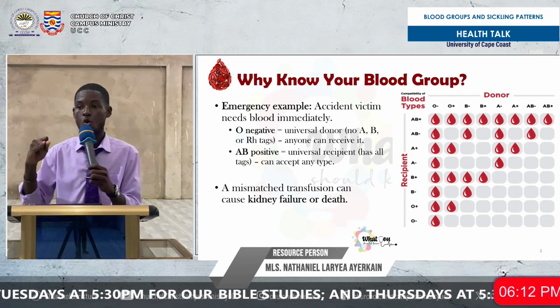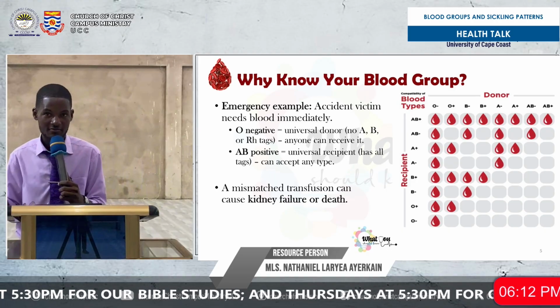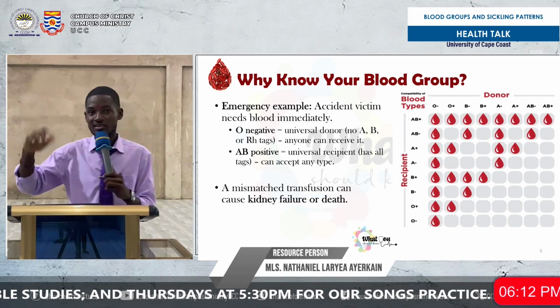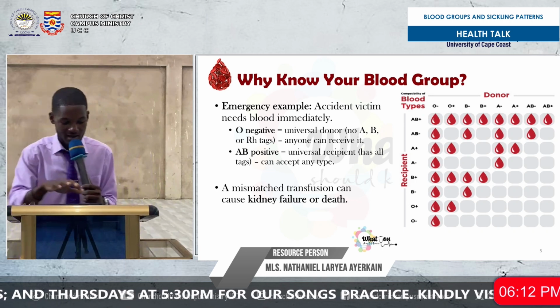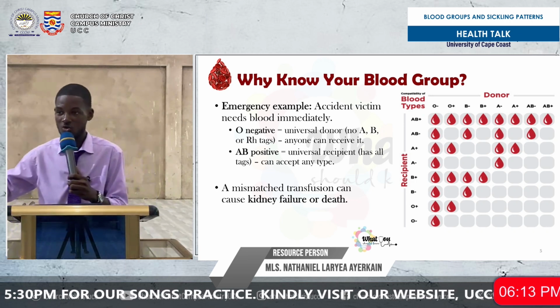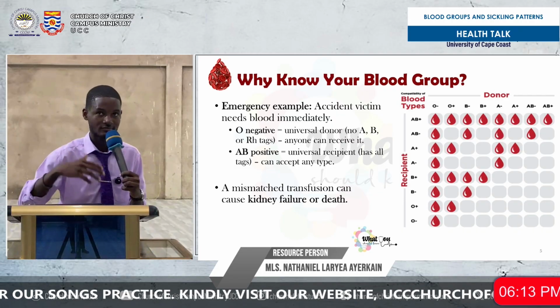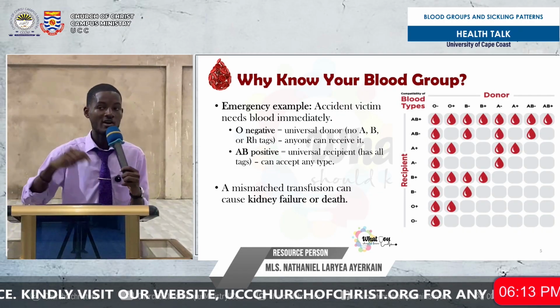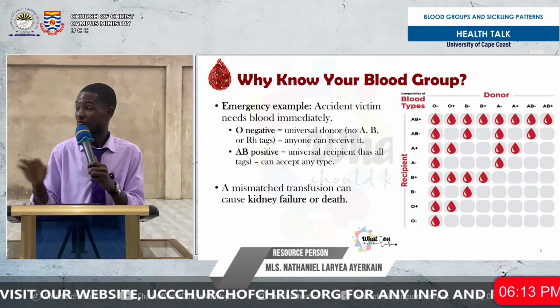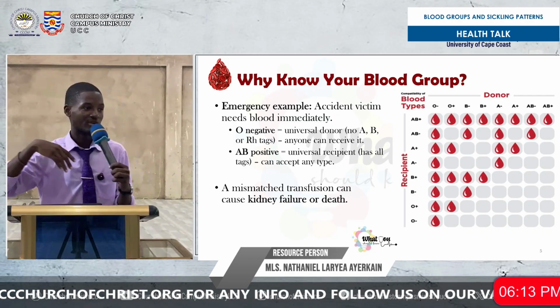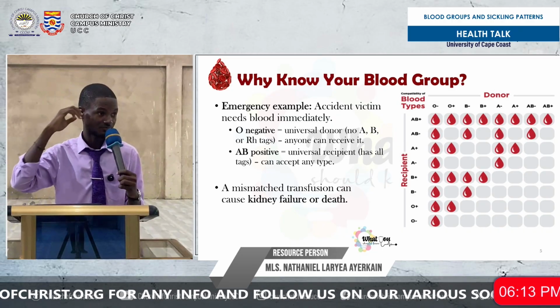A person who is O negative, that person does not have any of the tags at all. So in SHS biology, they don't say O negative. They say blood group O is a universal donor. It's not entirely true. Specifically, it is O negative. They don't have any of the three tags. So it gives freely. Those people, they are national assets.